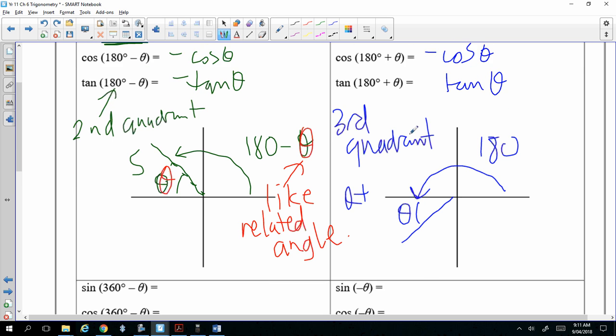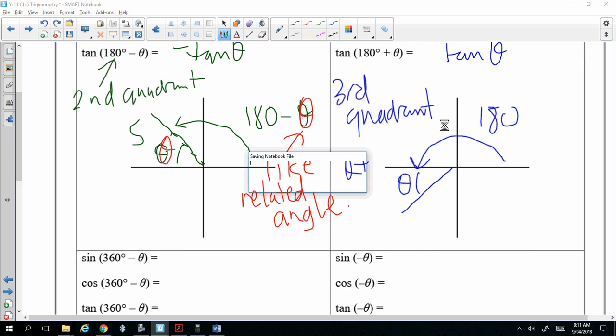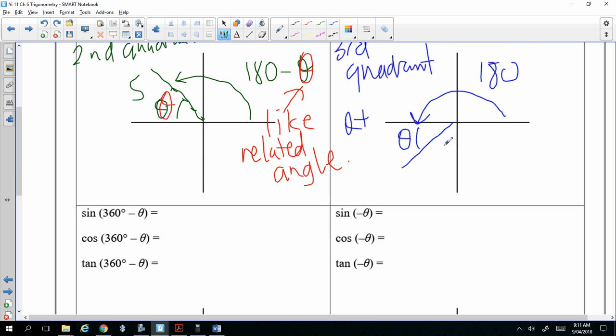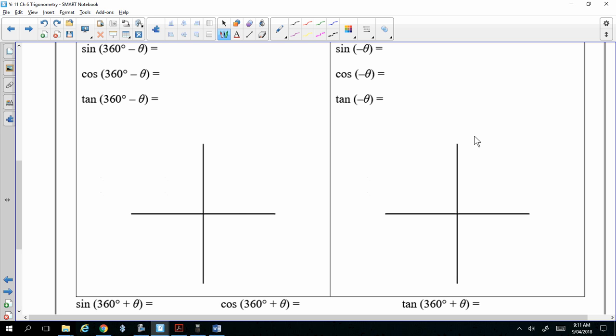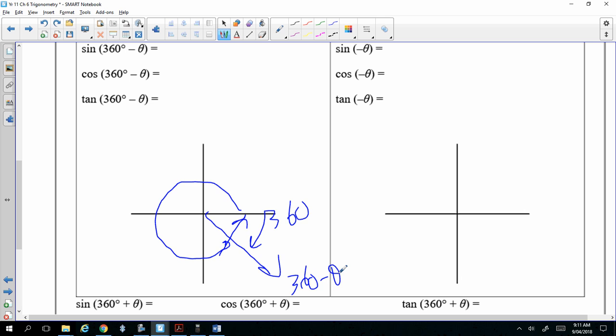The next one, 360 minus theta. Which quadrant will it be? It's in the fourth, right? Because you can go 360, and then minus theta means you go backwards. So that angle becomes 360 minus theta. And then you can think of that small angle as the related angle.